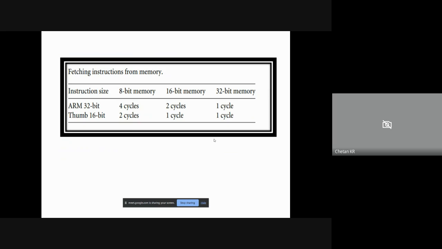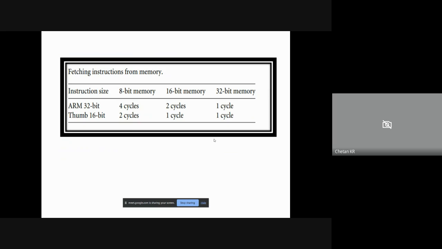ARM has a special register called thumb registers, which support 16-bit instructions. Basic ARM instructions are all 32 bits, but if you want 16-bit, we can use thumb instructions.